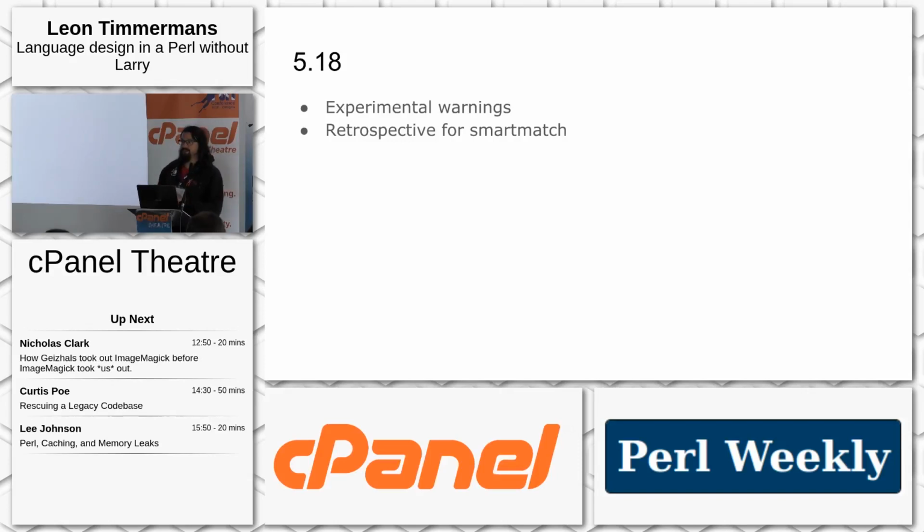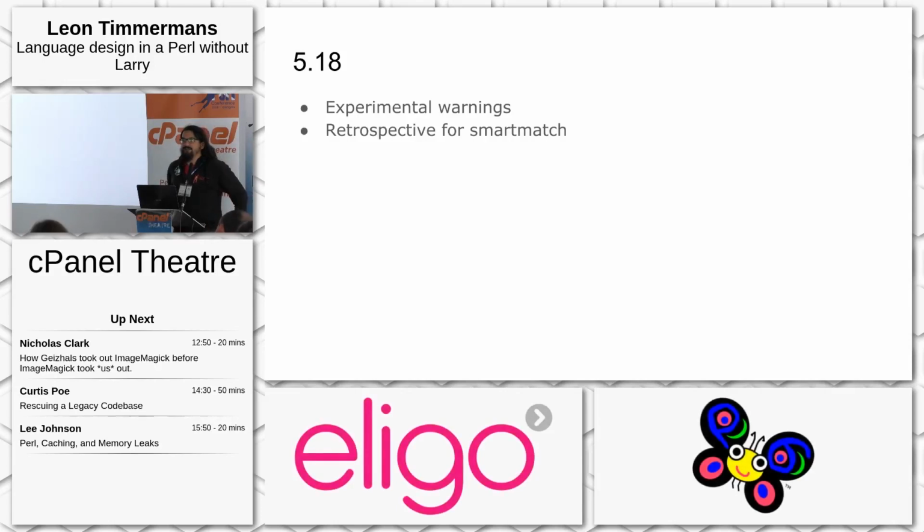So yeah, now I'm skipping a few releases because I have a limited amount of time. 5.18. In 5.18, we realized some things that we hadn't realized up until then. And in this time in between, another important change was the Camel book. Now you may wonder, why is this so important?